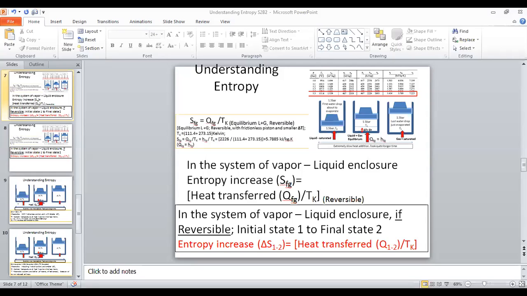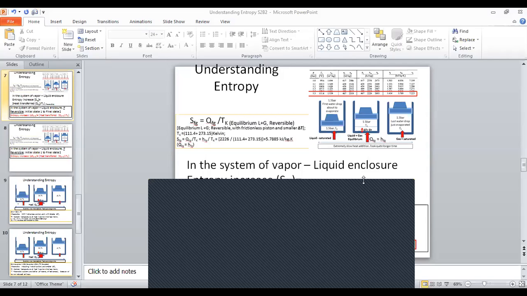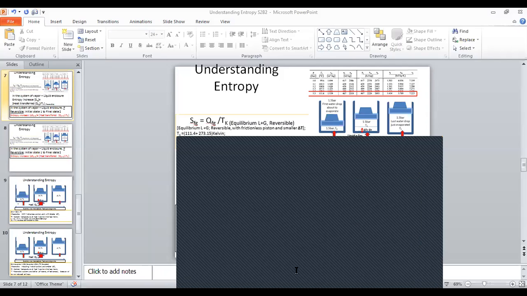Entropy table. Let me see. Rogers and Mayhew. Yes. Steam tables. I got it.